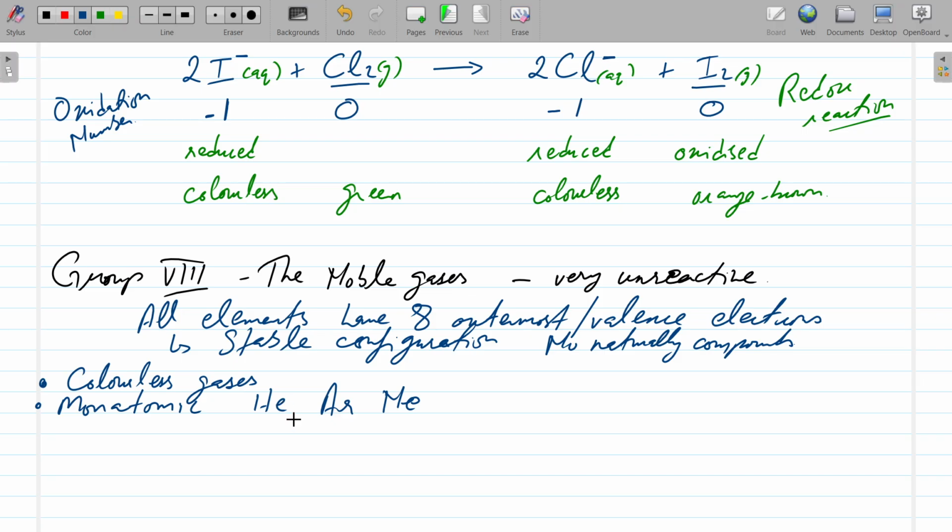They're not He2 or He4 or anything else, because again the hallmark of these guys is that they have stable electronic configurations. Monatomic gases mean that they exist as individual atoms, and I already mentioned that they are very unreactive.